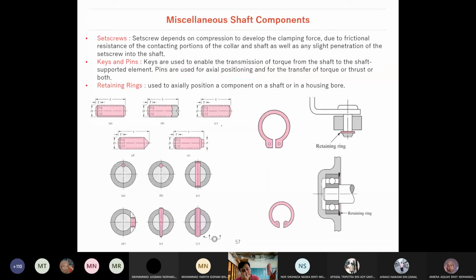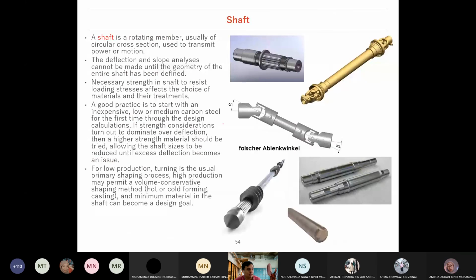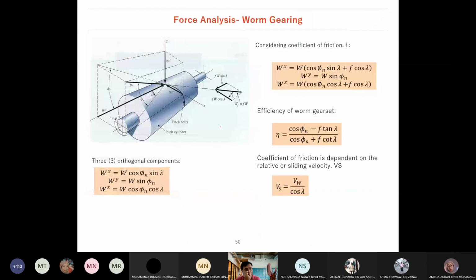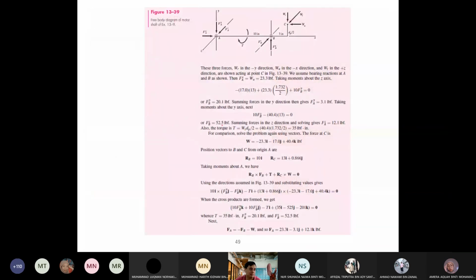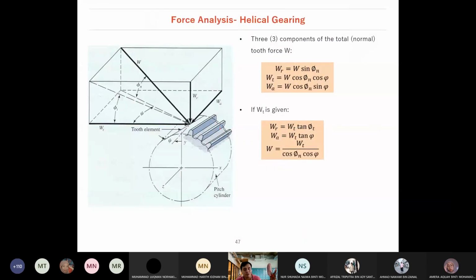Alright, so for next week I will stop now, okay. For next week we will go for the force analysis of the gear, okay. And we go to the shaft slightly, and we do some exercises. I have some questions from this textbook. We'll do them, alright. Make sure that you have the papers, calculator, and so on with you.